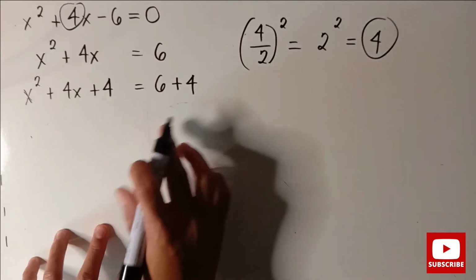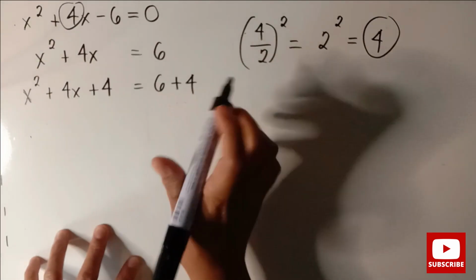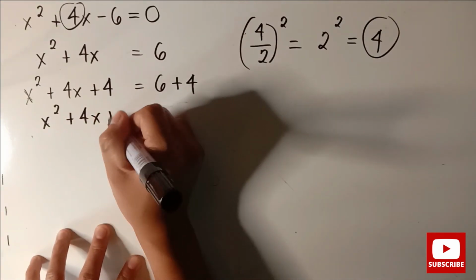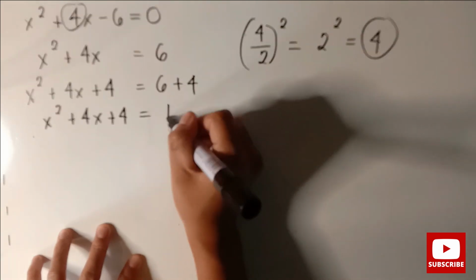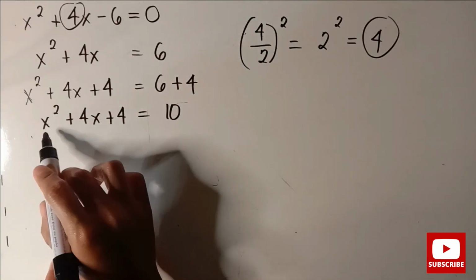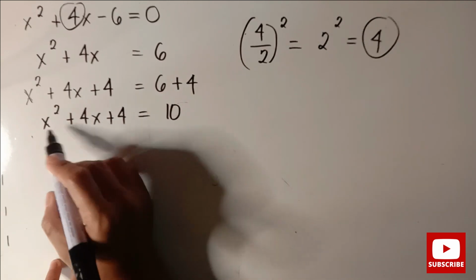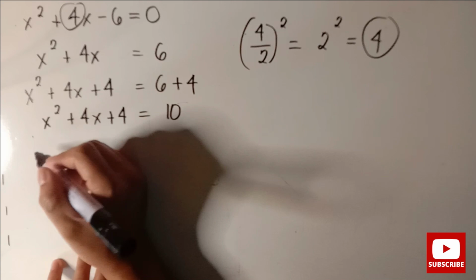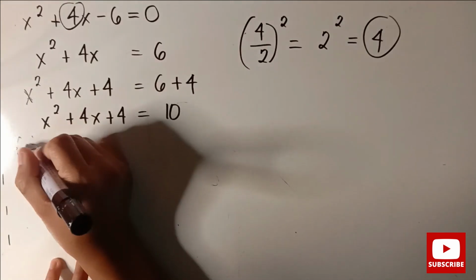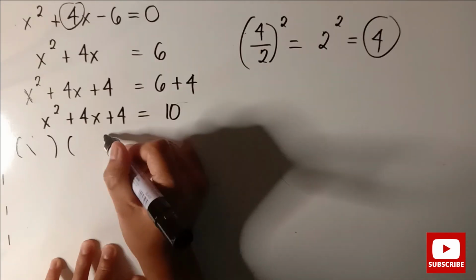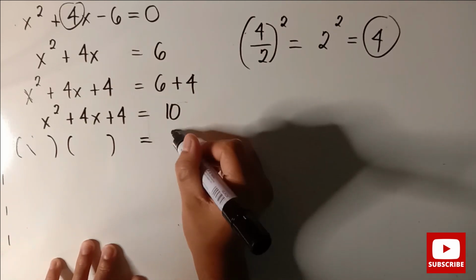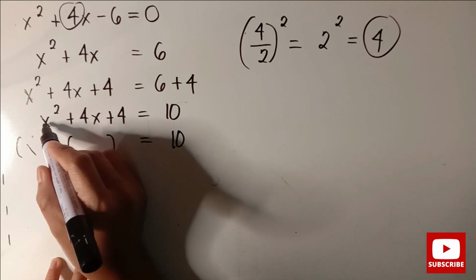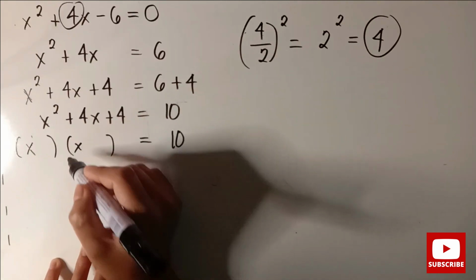Next is, we will simplify 6 plus 4. x squared plus 4x plus 4 equals 10. Next is, we will factor this equation. So the factors for x squared, that is x and x.